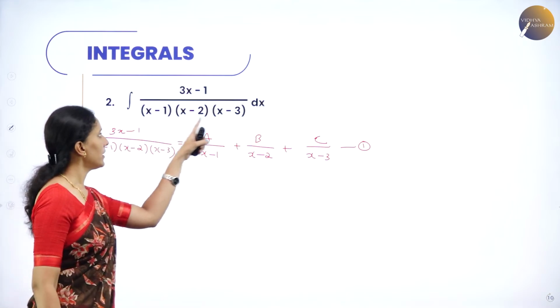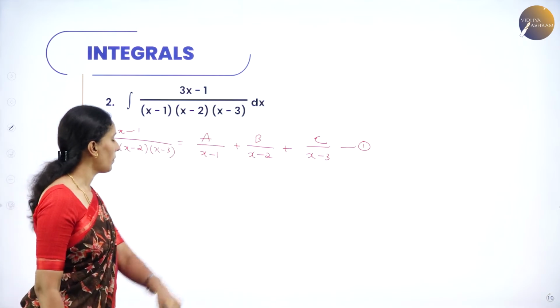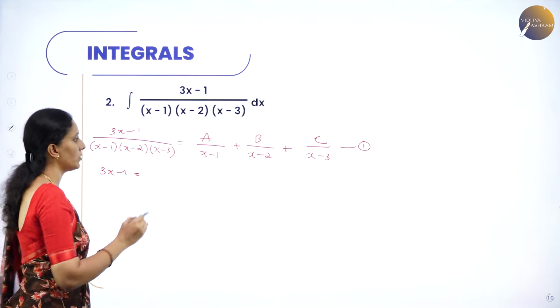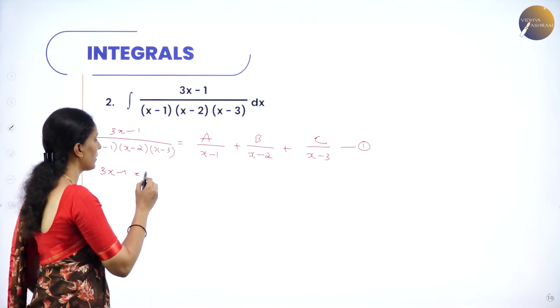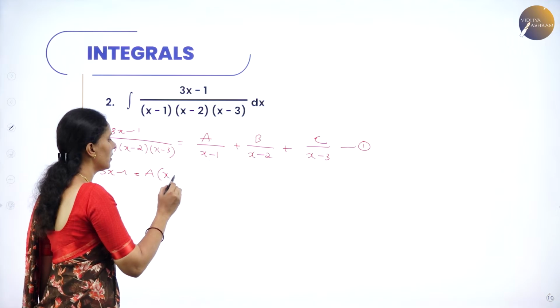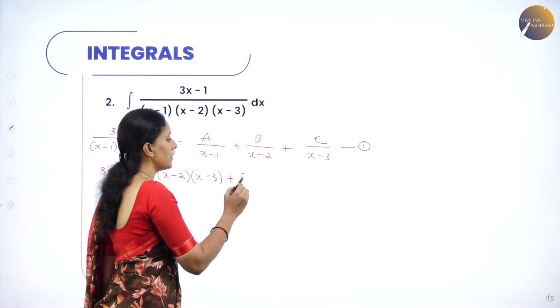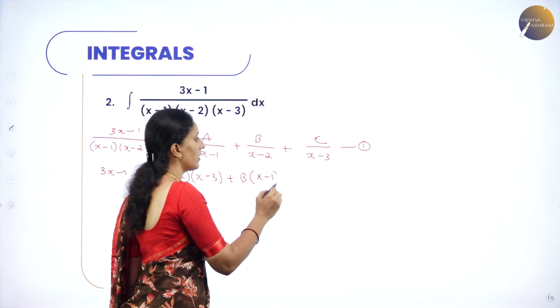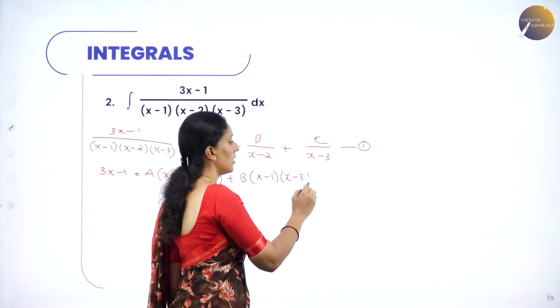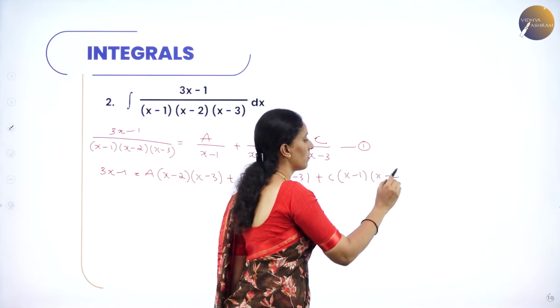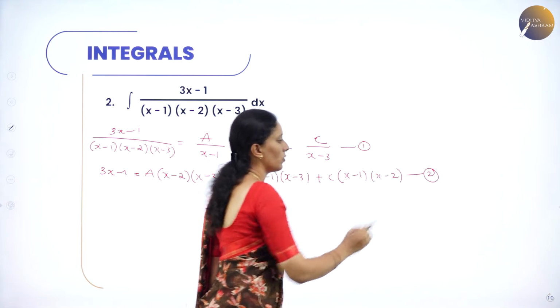Now multiply the denominator value throughout the equation. What you will get? You will get 3x minus 1 is equal to a into x minus 2, x minus 3, plus b into x minus 1, x minus 3, plus c into x minus 1, x minus 2. Take this as equation 2.